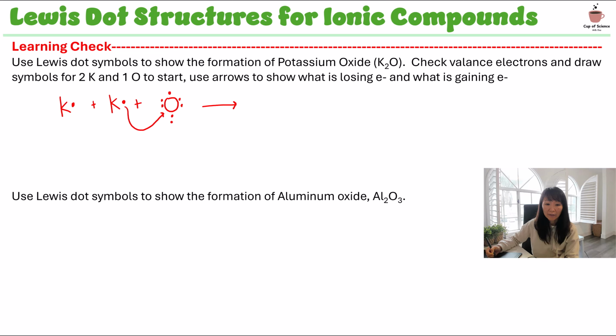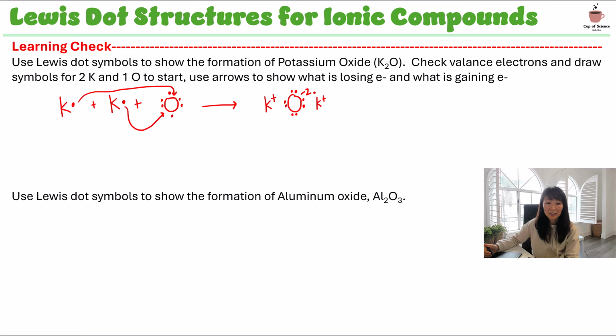That leaves oxygen with 7, and this other one is going to get donated to the other side of the oxygen. Now the potassium will have just positive charges, and oxygen will have its outermost shell filled, with a -2 charge since it gained 2 electrons.